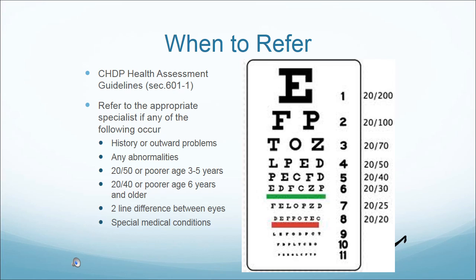Refer any of the following conditions to the appropriate specialist: a possible vision problem according to history or outward problems, any abnormalities observed by the corneal light reflex, cover test, or ophthalmoscopic exam, a visual result of 20/50 or worse in either eye for children aged 3 to 5 years, a 2-line difference in visual result between the eyes, a visual result of 20/40 or worse in either eye for children aged 6 years or older, and all children who are not testable because of special medical problems or those who are developmentally delayed should be referred to a specialist.